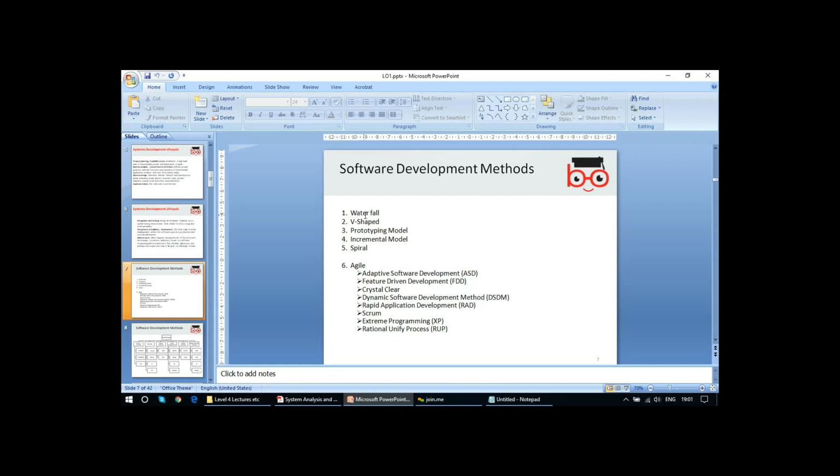Normally, they started with the waterfall, V-shape, prototyping model, incremental model, spiral model, and then a new terminology came in, a new school of thought, agile development, which introduced ASD, adaptive software development, feature driven development, Crystal Clear, dynamic software development methods, rapid application development, Scrum, extreme programming, rational unified processes.